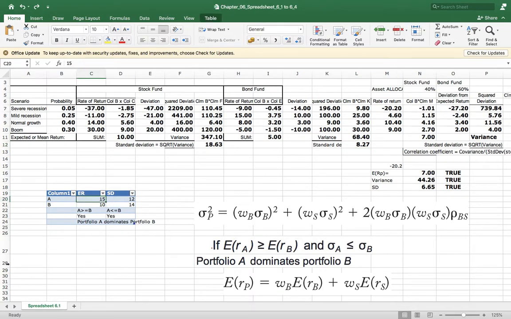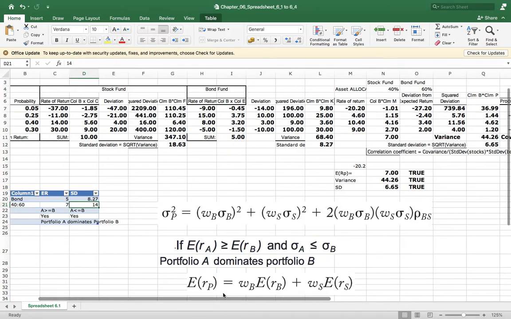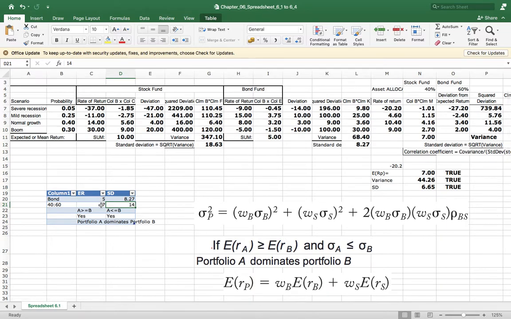If you put all your money in a bond fund, your return is 5%, whereas your standard deviation is 8.27. If you create a portfolio with 40 in stock and 60 in bond, then your expected return is 7%, and your standard deviation is much lower than the bond standard deviation: 6.65.